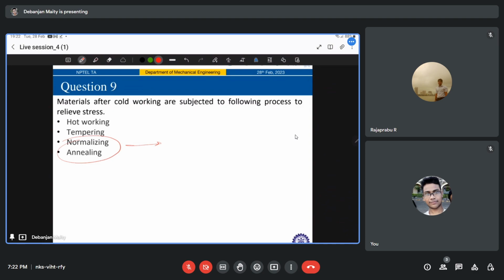So you can tell that tempering also in some way relieves the internal stresses, but mostly annealing and normalizing, because you are going up to the upper critical temperature of the austenitic range and then keeping it there for a prolonged amount of time, and then you are cooling it. For normalizing, cooling in still air. For annealing, this is furnace cooling. Anyhow, both the processes are used to relieve the internal residual stress.